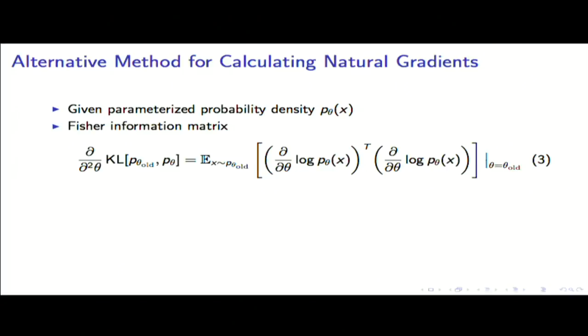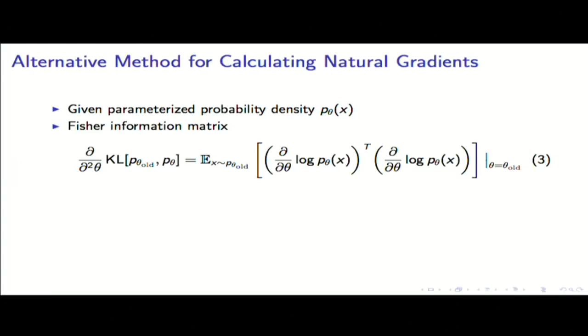The technique I just described, using conjugate gradient and thinking of it in terms of a KL constraint, is actually a newer way to do this. The older way is that you can compute the matrix H that we were talking about earlier in a different way.